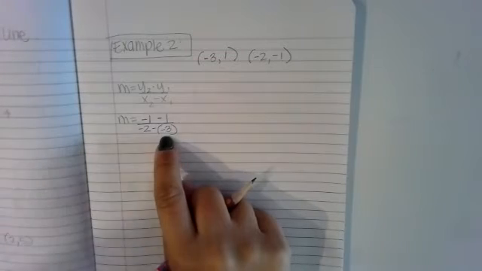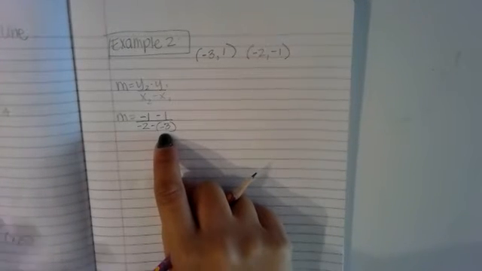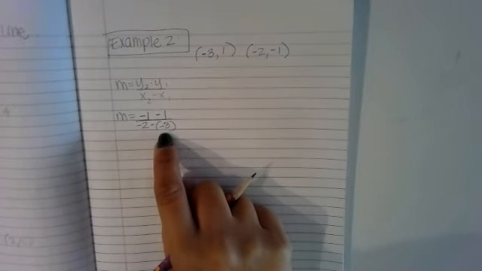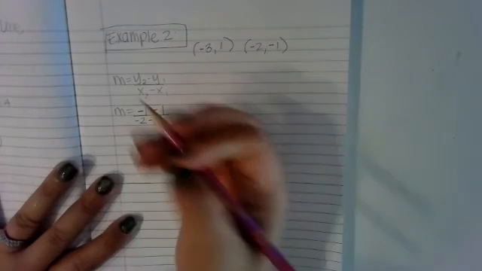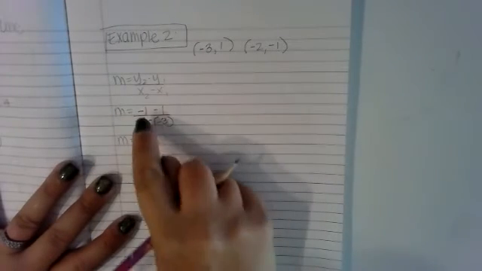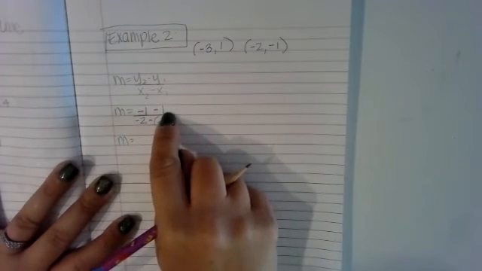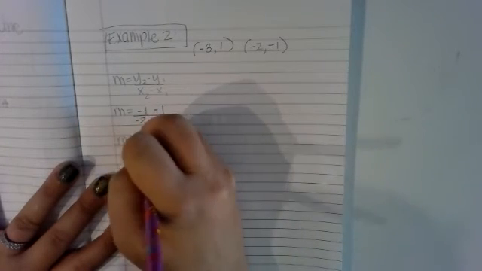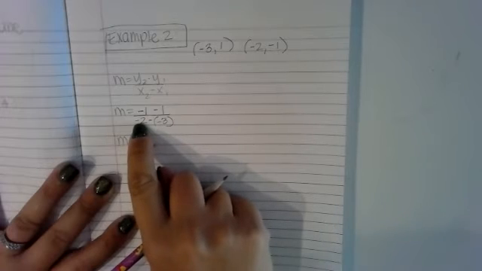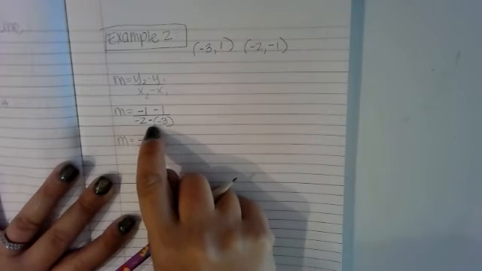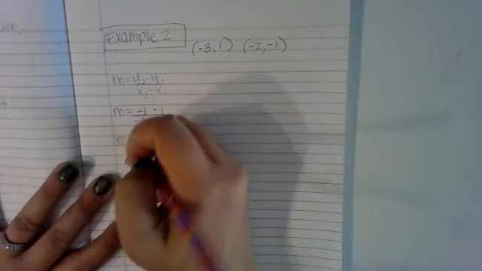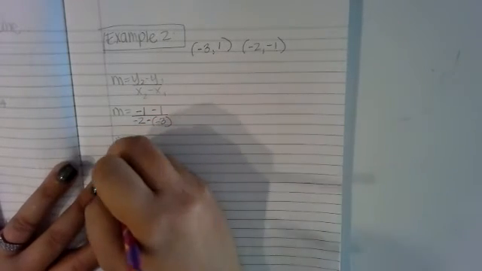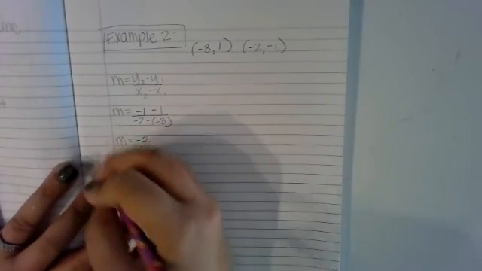And I substituted that negative 3 into parentheses so I don't get confused about my negative sign, because there's a subtraction and a negative sign, so I want to keep those separate so I can pay attention to them. So now I have m equals negative 1 minus 1, which is the same thing as negative 1 plus negative 1. So that makes negative 2 over negative 2 minus negative 3. So this is negative 2 plus 3, which makes 1. So I have that m equals negative 2.